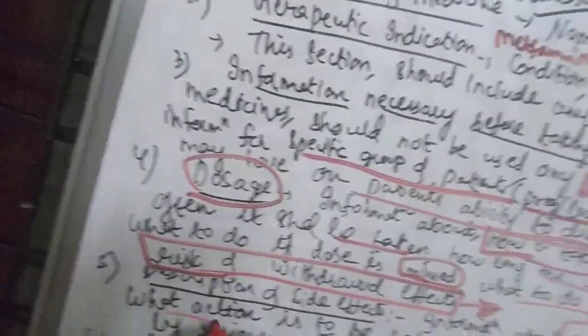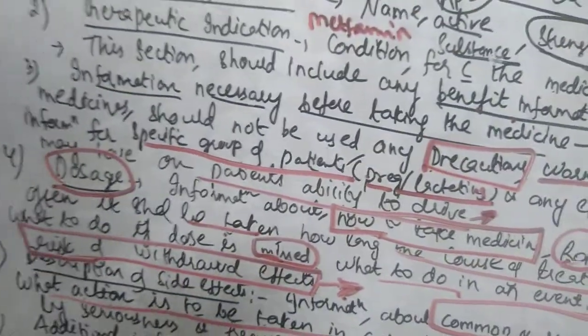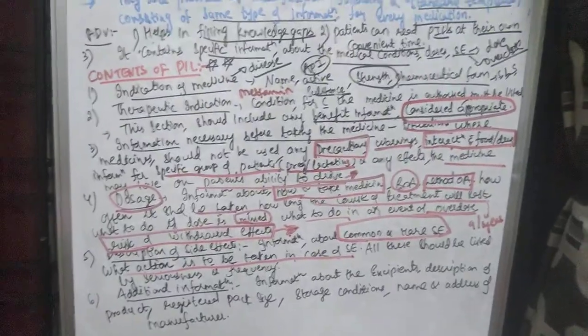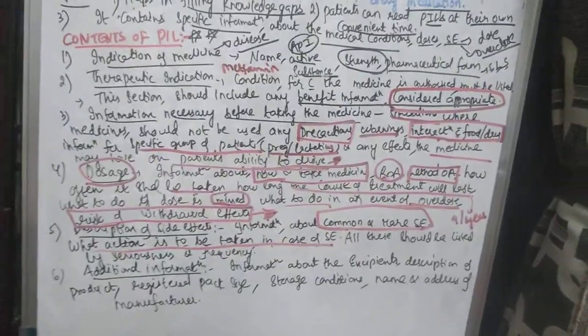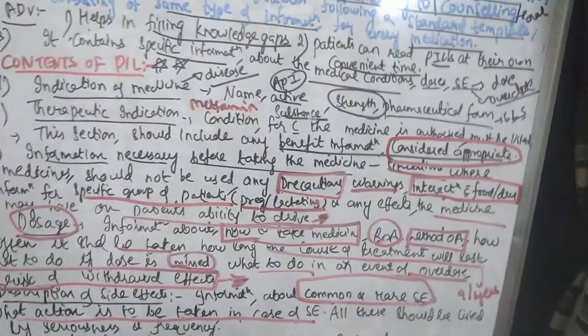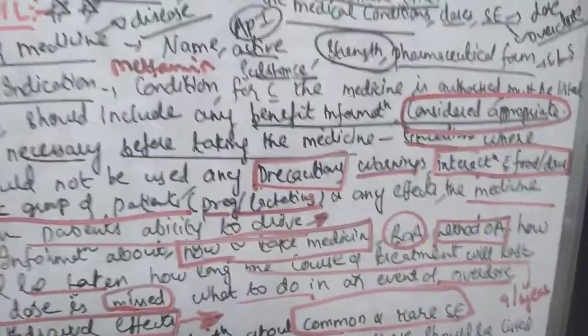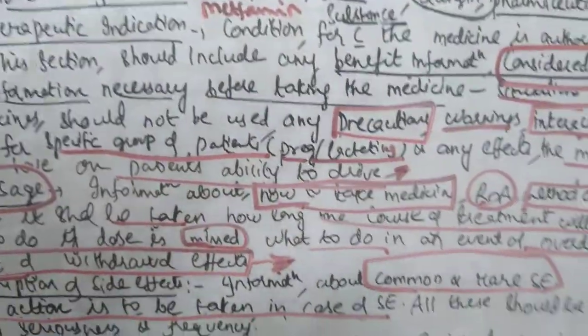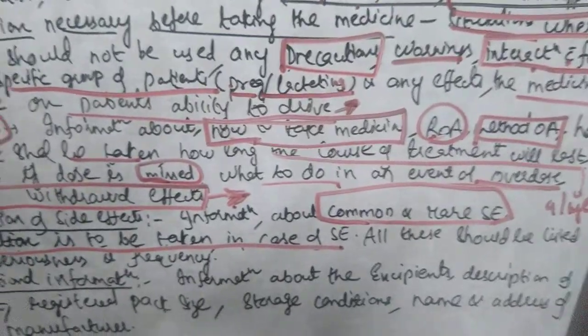And what action is to be taken in case of side effects. Suppose you have to contact a physician or a pharmacist. Any home remedy you can take to overcome that side effect, all will be mentioned in your patient information leaflet.